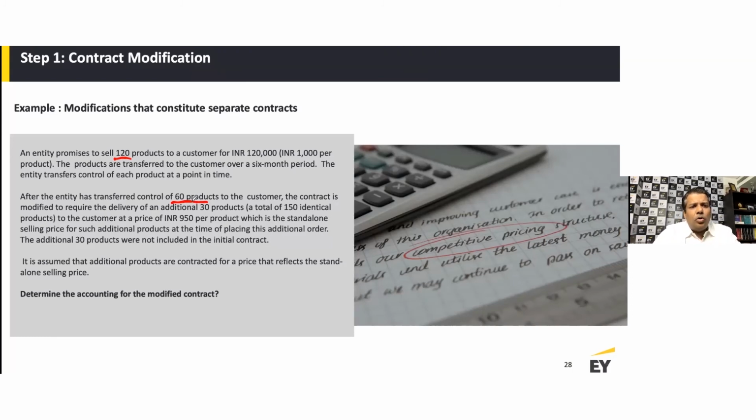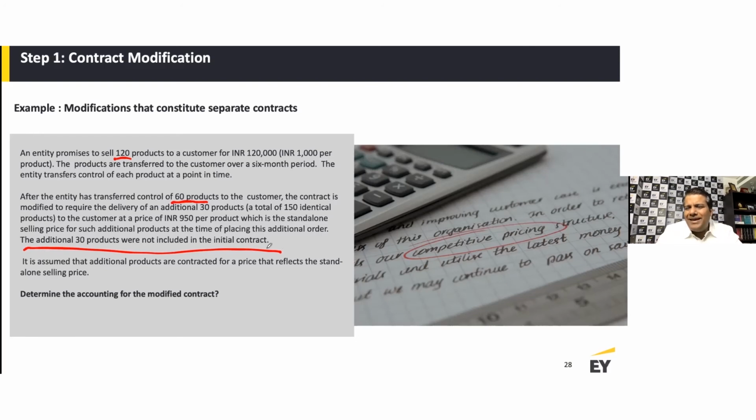A total of 150 identical products to the customer at a price of now INR 950 per product for the additional 30, which is the standalone selling price of such additional product at the time of placing this additional order. The additional 30 products were not included in the initial contract. The question here is whether this additional order is a separate contract, or a part of the same original contract, right? And that's where you got to do an evaluation.